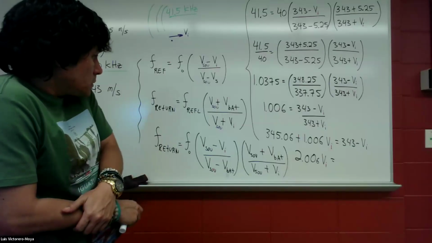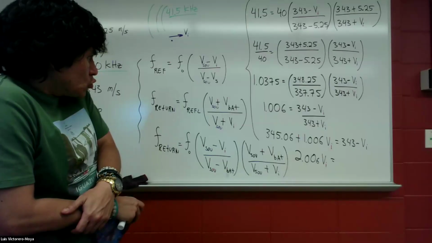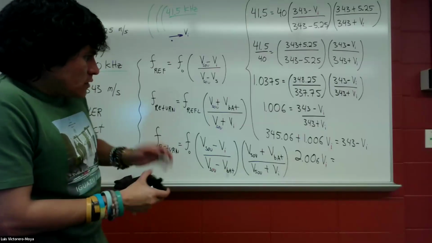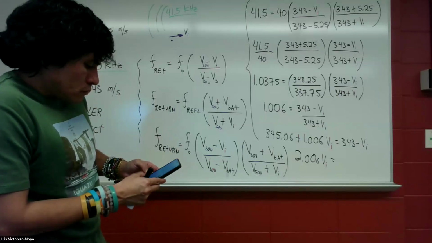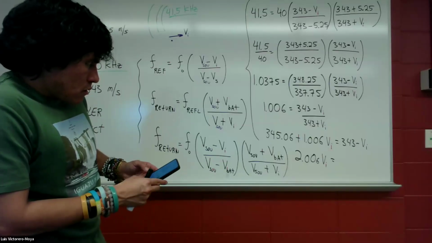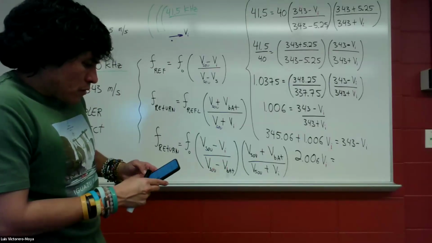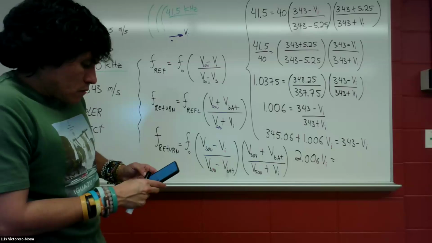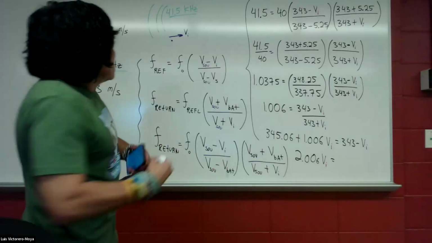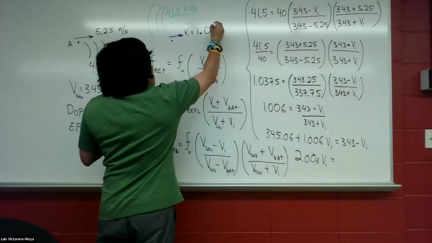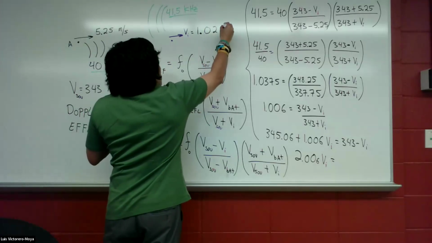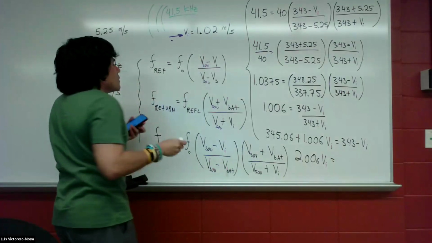Let's see if it makes sense anyway magnitude wise. 343 minus 345.06 divided by 2.006. Yeah, I get 1.026. So yeah, so it's eventually gonna catch the insect.